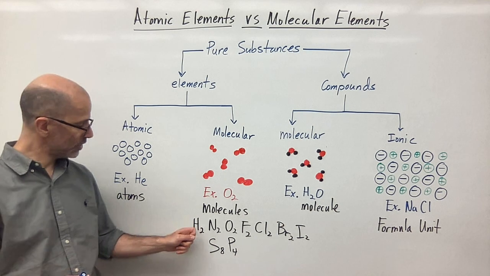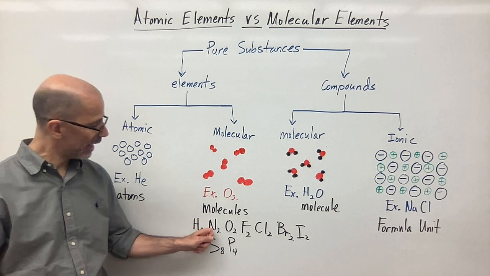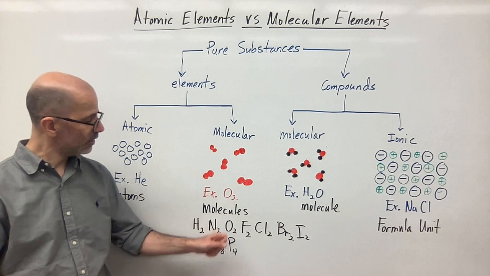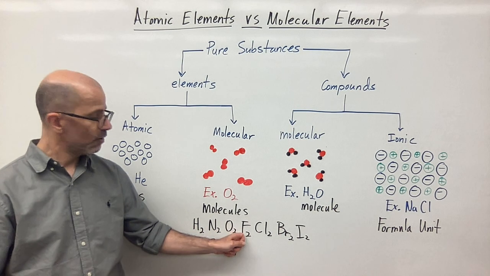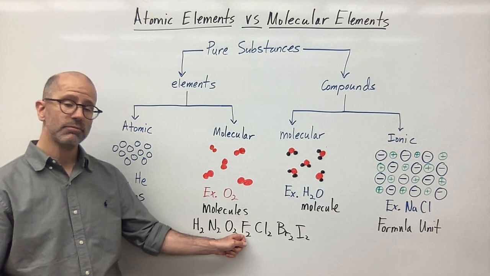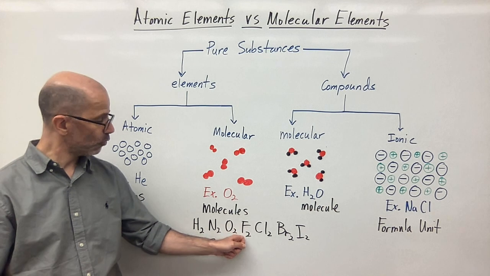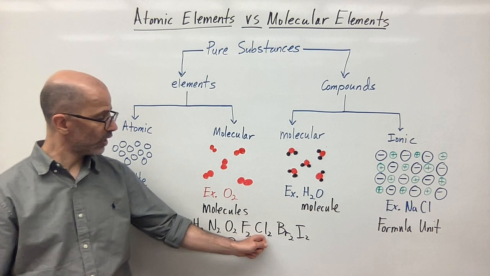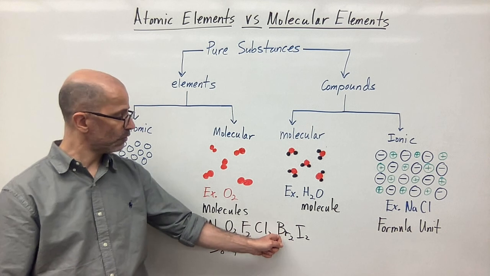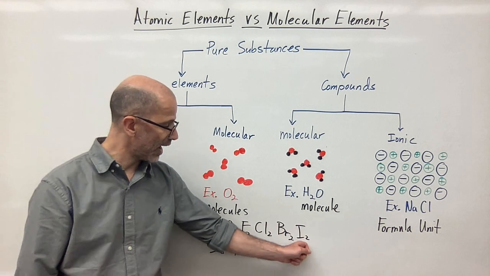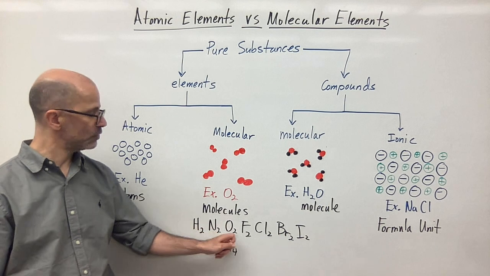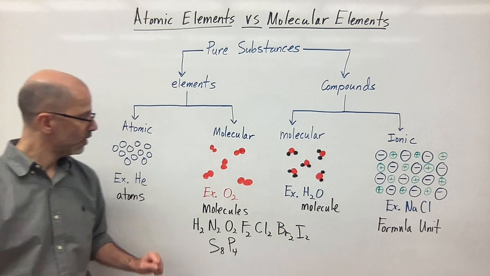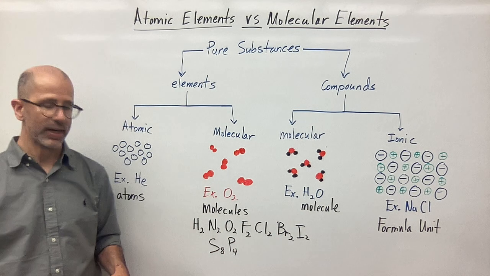Horses, H; need, N; oats, O for oxygen; for, F for fluorine; clear, chlorine; brown, Br for bromine; and eyes, of course, for iodine. So horses need oats for clear brown eyes. That's a good mnemonic.